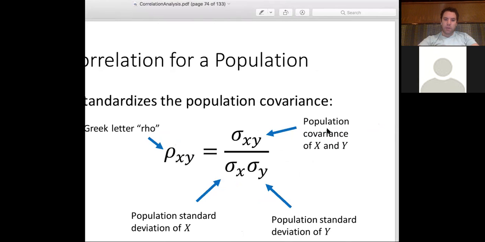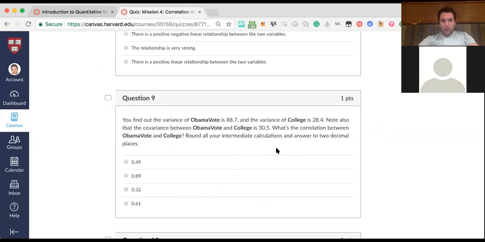So we could go back to the question and try to work on that together. How would we calculate the answer here on what the correlation is? They give us all the information we need, and now we just have to plug it into the formula and calculate that.